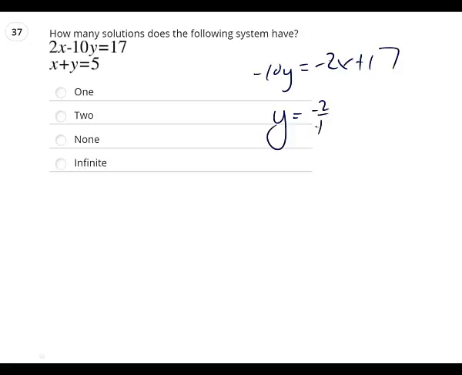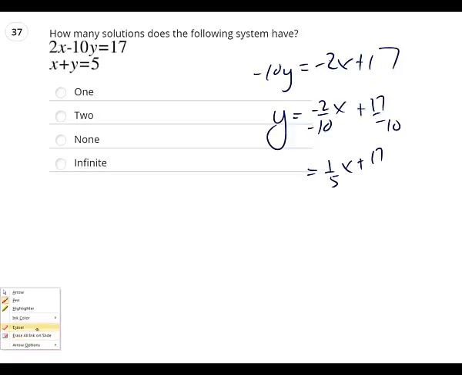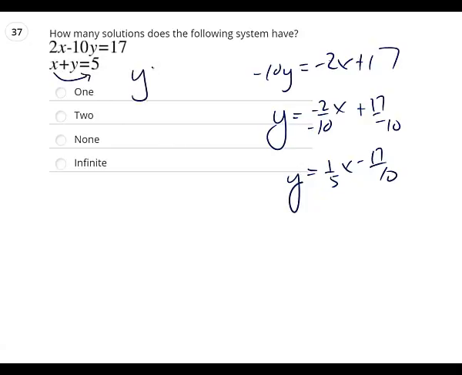Divide, so negative 2 over negative 10x plus 17 over negative 10. So I'm seeing 1/5 x minus 17 tenths. Then I have to solve this one here. How do I move the x to the other side? Subtract it, so I have y equals negative x plus 5.